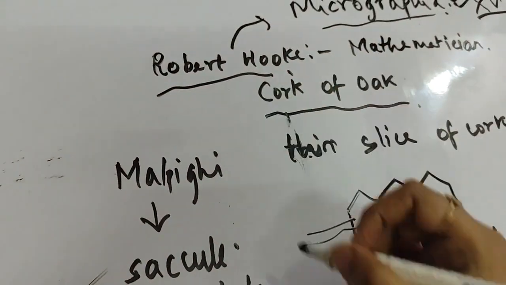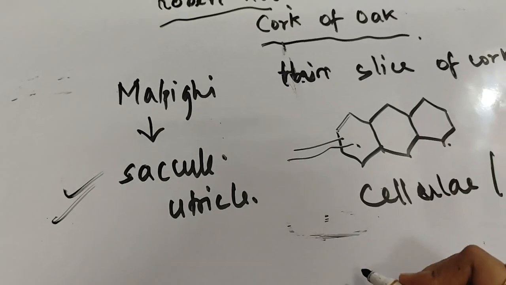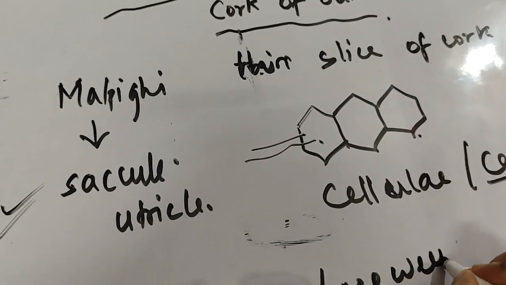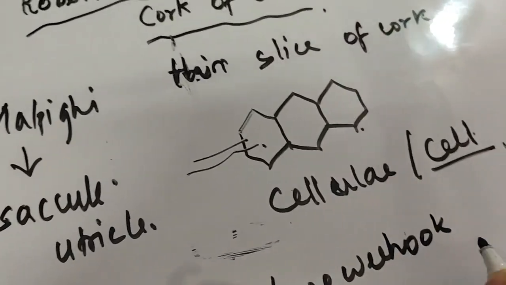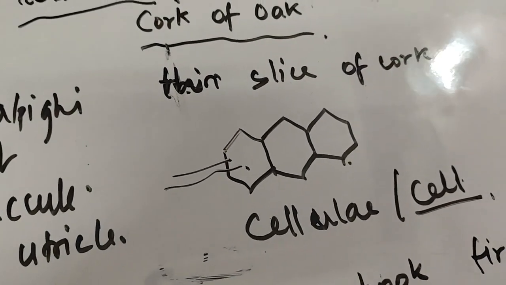Then after Malpighi and Robert Hooke, another most important one, Leeuwenhoek. He was the one to observe living cell.